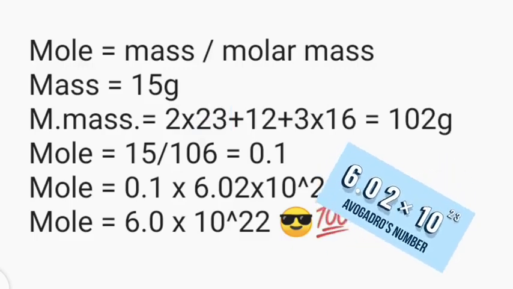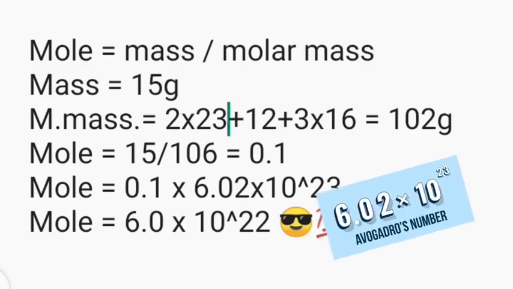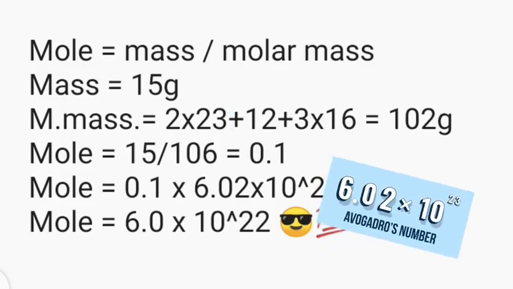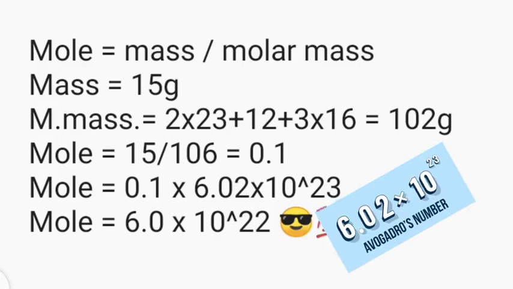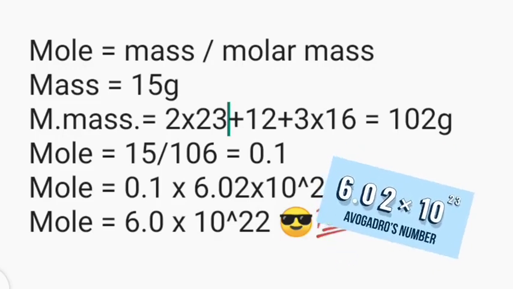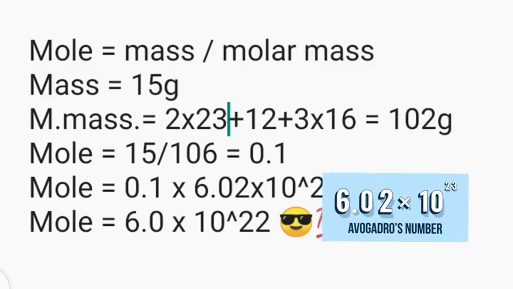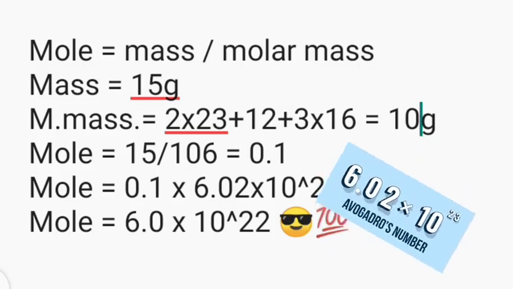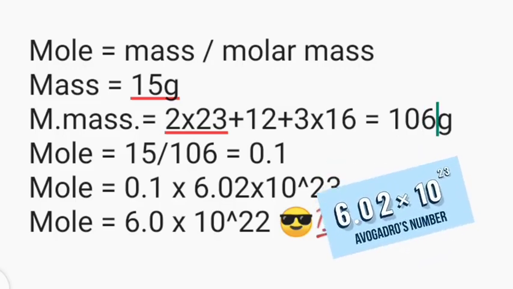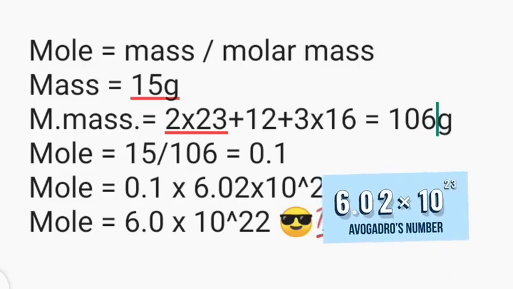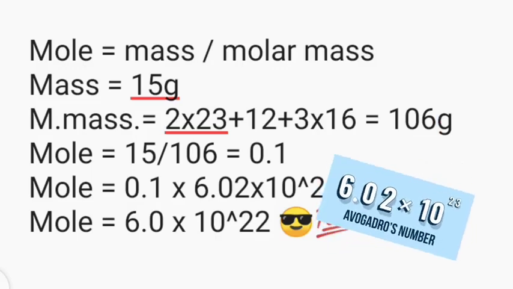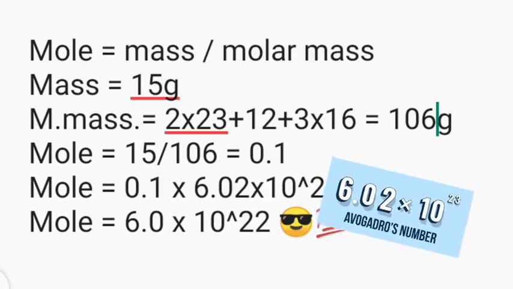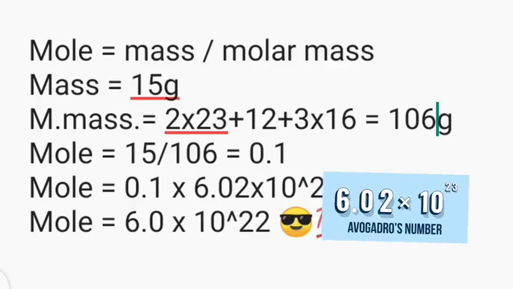That's 2 times 23 plus 12, which is carbon, plus 3 times 16. 2 times 23 is 46, plus 12, plus 3 times 16, that's 106 gram, not 100 gram. So the mole is 15 over 106, which equals 0.1. Now take it back to particles: 0.1 times 6.02 times 10 to the power 23, and that's 6.0 times 10 to the power 22.